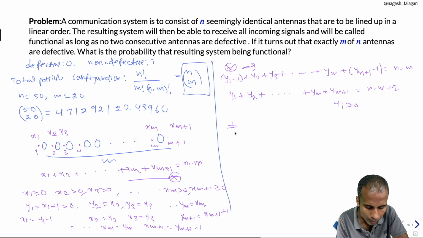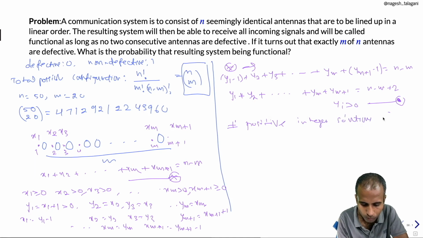So the number of positive integer solutions is going to be n minus m plus 2 minus 1, choose m plus 1 minus 1.